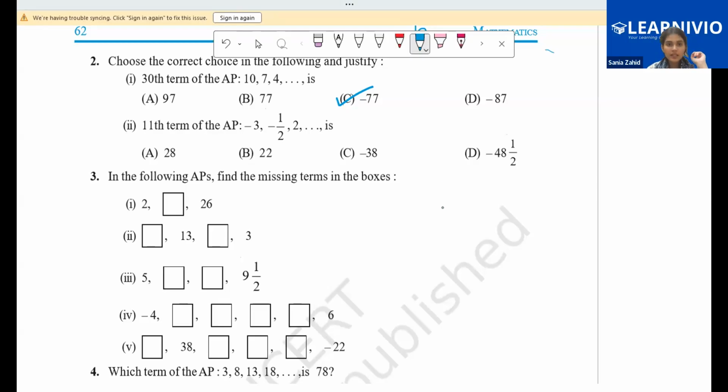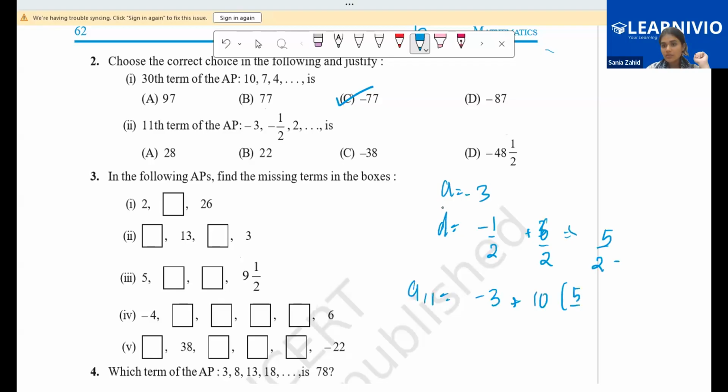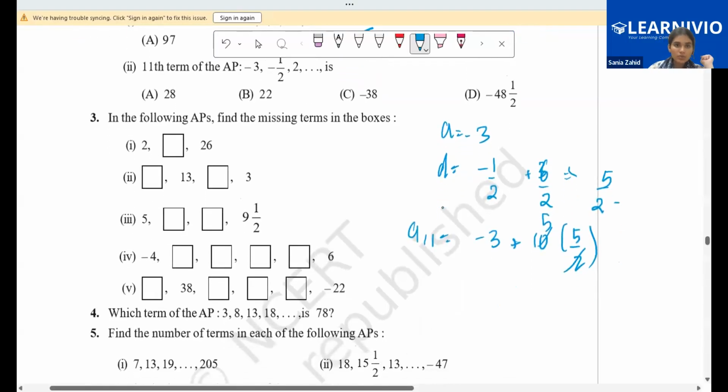First of all, a is minus 3 and d is how much? Minus 1 by 2 and plus 3. That gives you 6 by 2. And now you get 5 by 2 as your answer. You have to find the 11th term. So a11 is minus 3 plus 10d, with d as 5 by 2. You cancel this, you get 5. 5 into 5 is 25. 25 minus 3 is 22.